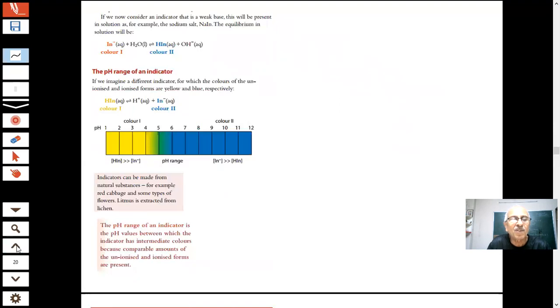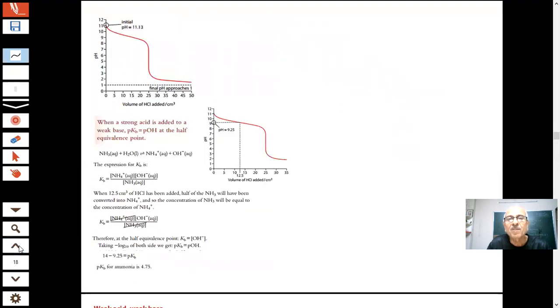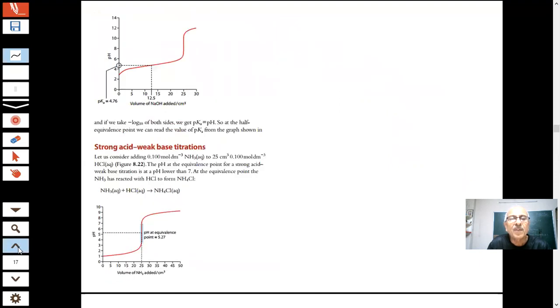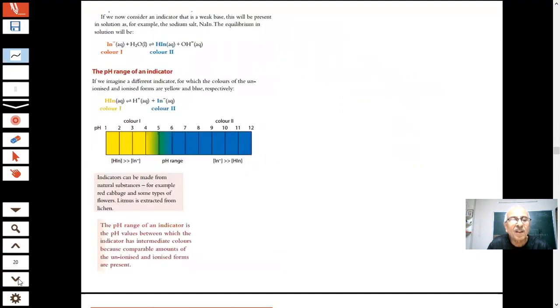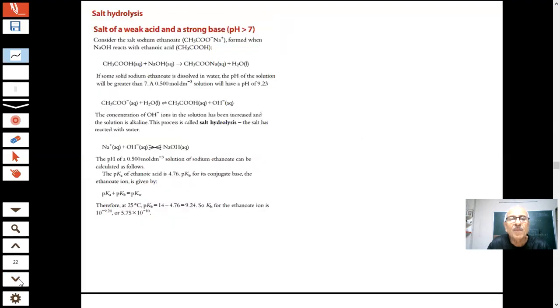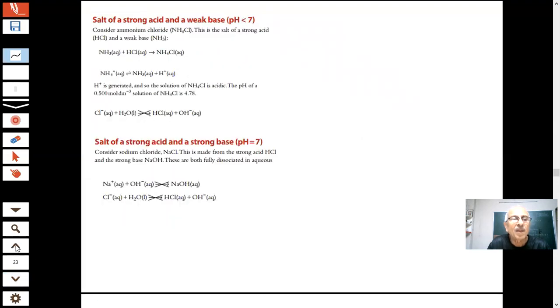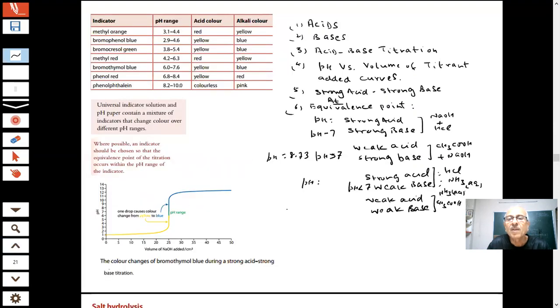By now, we should know everything. How much was the value we were giving you? This is a strong acid, and how much are you getting? 5.27. So this was less. You have a strong acid, it will be less than 7. So you are getting pH equal to 5.27.